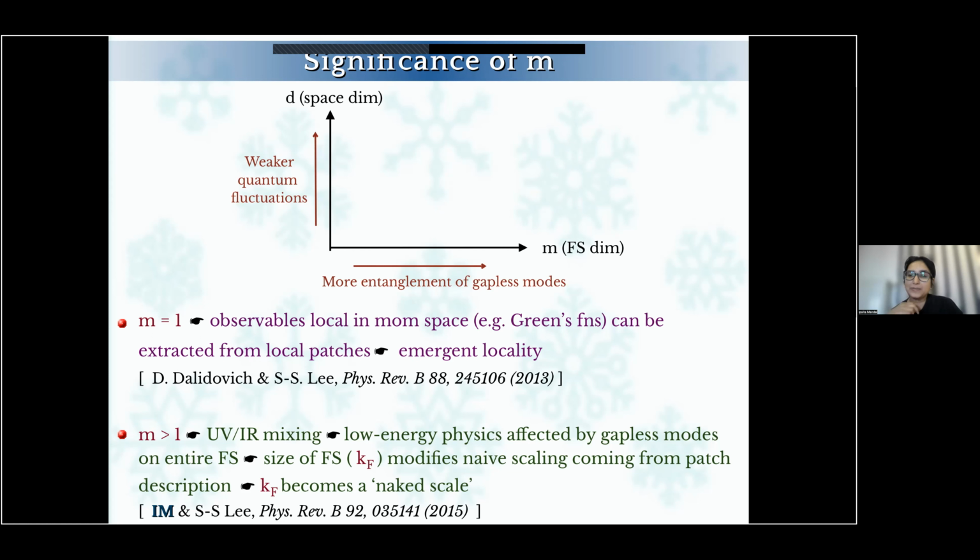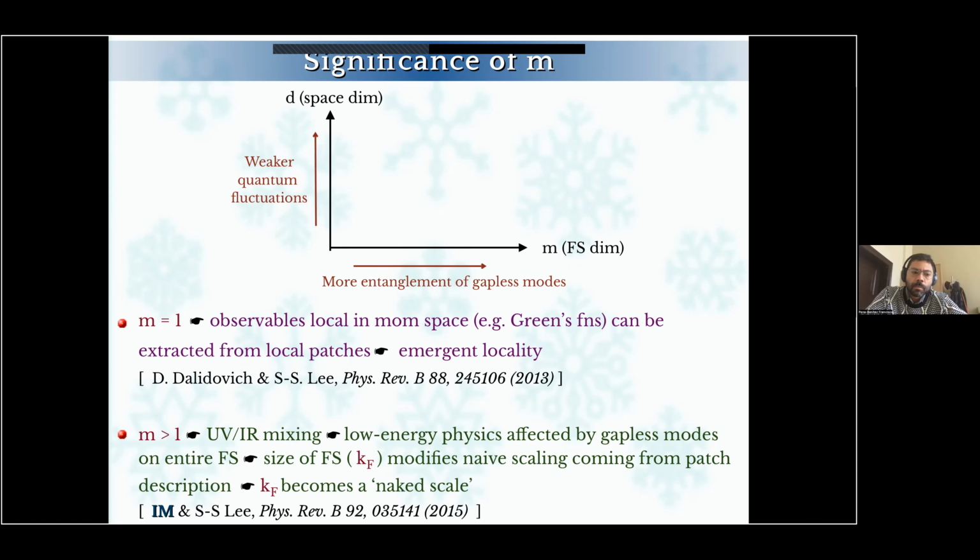But here, due to the excitations talking to each other over the entire Fermi surface, kf will appear in your physical observables. So that's what I mean by UV-IR mixing. Somehow the kf scale, which refers to the UV scale, is interfering with the low energy physics, where we were sending kf to infinity.